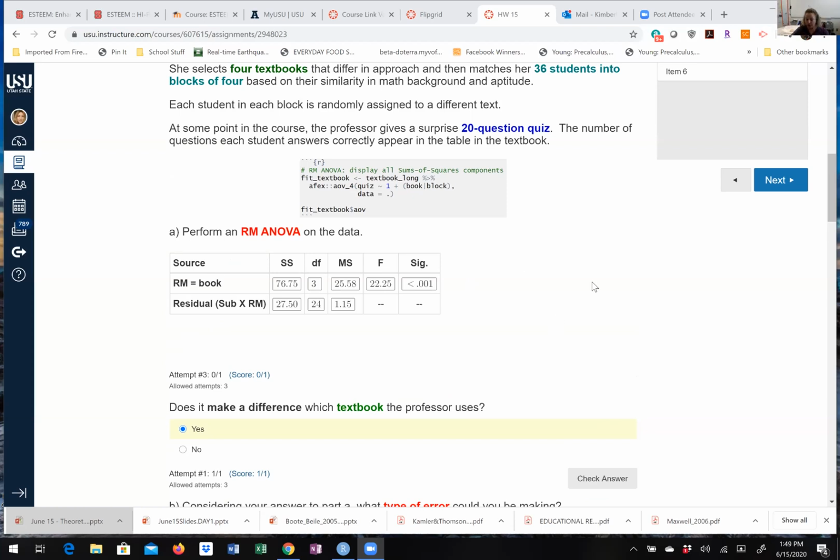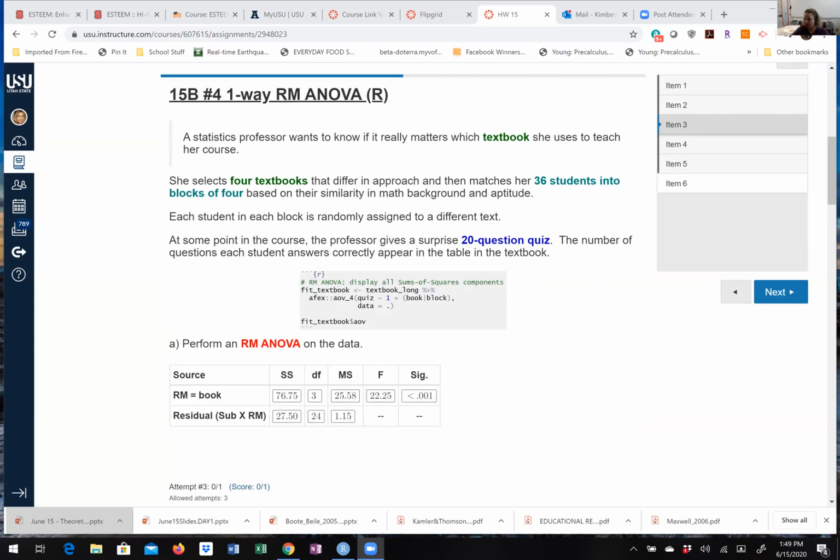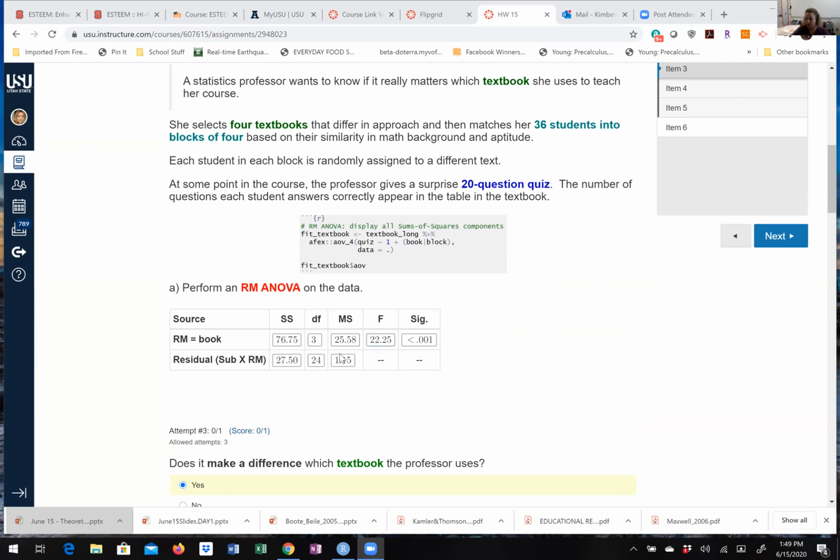76.75, 3 degrees of freedom, so it's 25.58. That's correct. And then for the residual, 27.5 with 24 degrees of freedom, divide, you get 1.15. So again, it depends on where you rounded. And then the F value, the way I rounded it, I got 22.33, and you get 22. The R did 22.33, but when I did this by hand, I got 22.25.